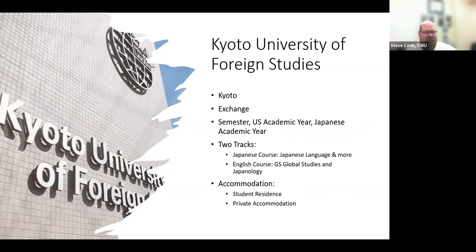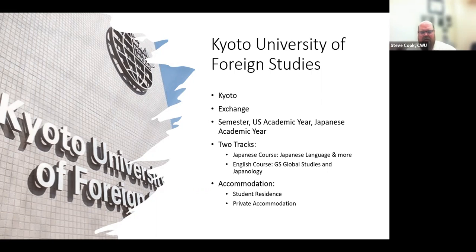They also have 2 tracks. One they call the Japanese course, which is for students who want to study the Japanese language. And then they have the English course, which consists of English taught classes from their global studies program and what they call their Japanology. So Japanese studies, essentially.